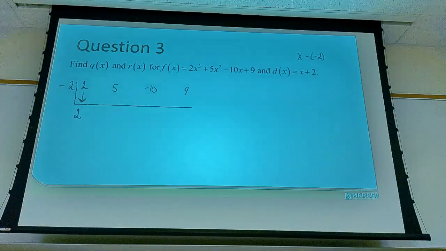Leading coefficient just drops down. Multiply that by negative 2. Now add negative 4 and 5.